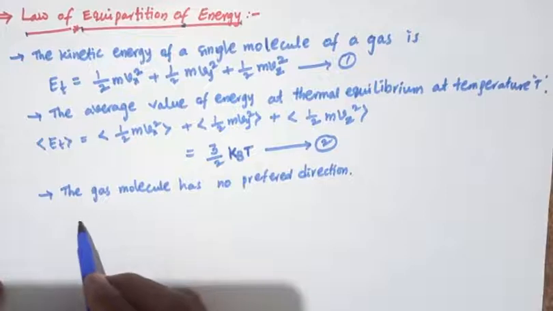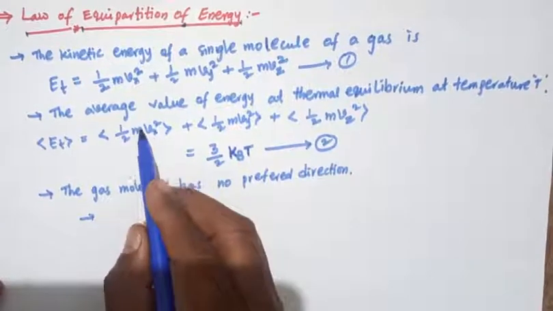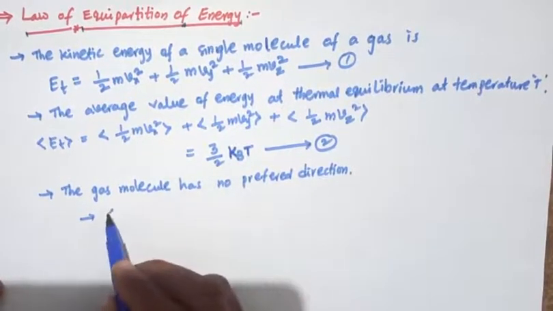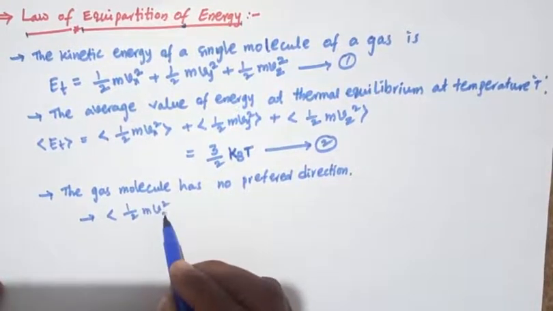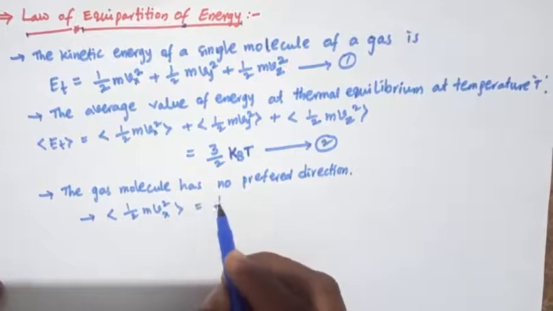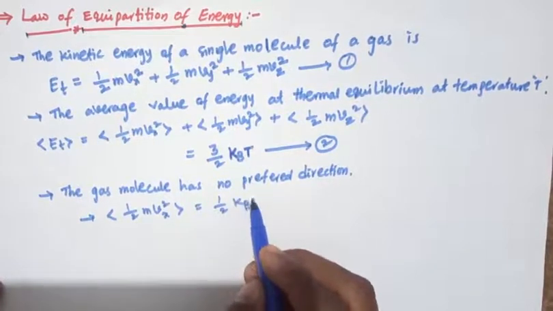So we can write that the average kinetic energy along the x direction equals half kBT.